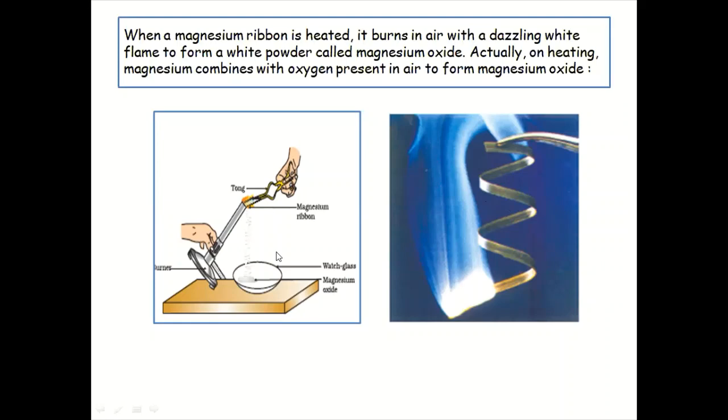And one more important thing is this entire reaction happens in presence of air. If air is not there, then no reaction will occur. As we all know, combustion is a process where oxygen is mandatory.